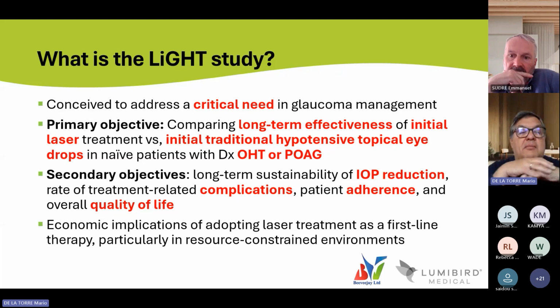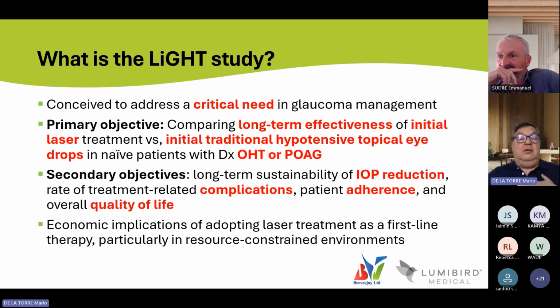What was the primary objective? It was comparing the long-term effectiveness of initial laser treatment versus initial traditional hypotensive topical eye drops in naive patients with ocular hypertension and primary open-angle glaucoma.